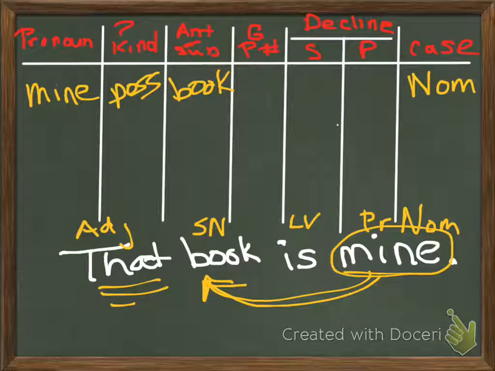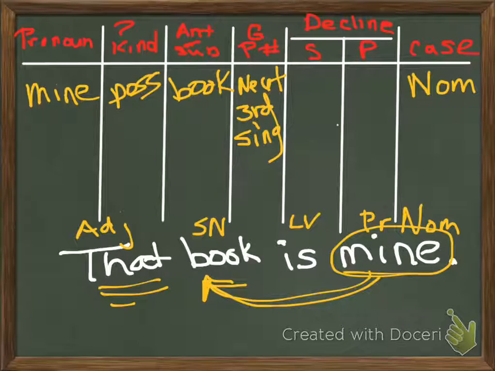Gender, it's not masculine, it's not feminine, it's neutral or neuter. Okay, so person, excuse me. It's the thing we're talking about, so it's third person. And number, we're only talking about one book.